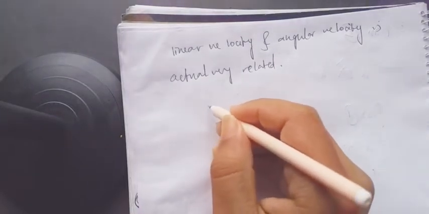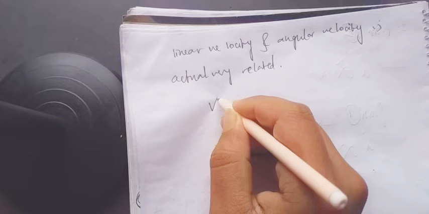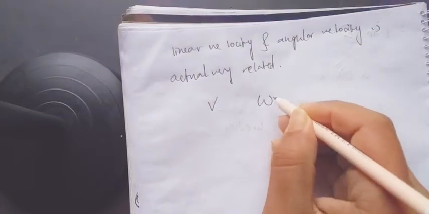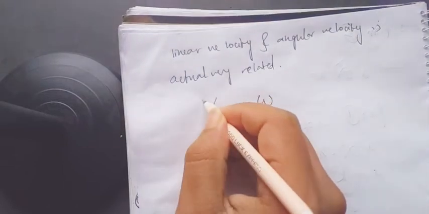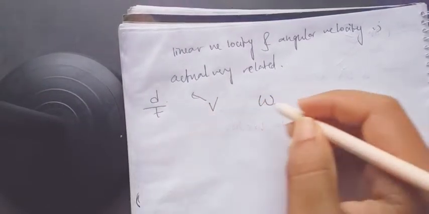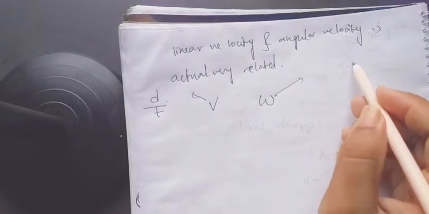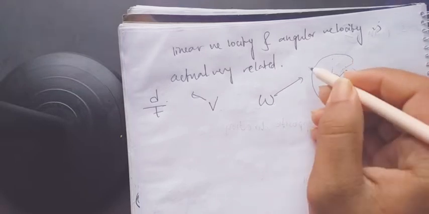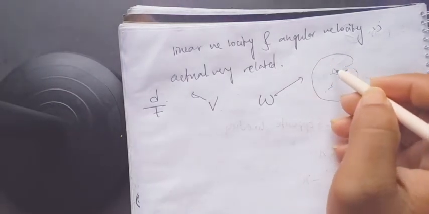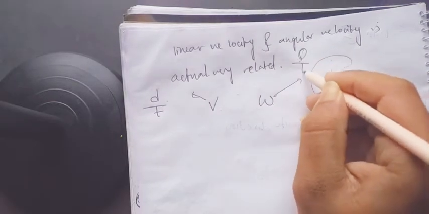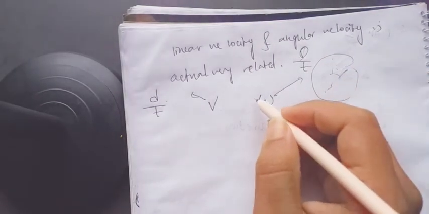So this is the linear v, and this is the angular v. This v is the distance covered per time, and this v is in a circle. You can also cover the theta, so it's also kind of like covering the distance. So it's theta divided by time. So they are proportional.